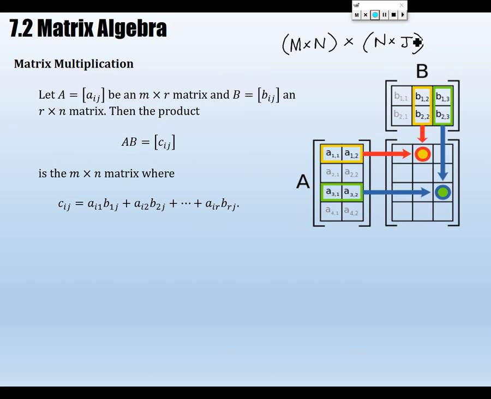I don't know, just make it up. It's defined only when the number of columns in A and the number of rows in B match. And we can also say what the resulting dimensions will be. What will those dimensions be? 4, 3. Yeah, m by j will be the resulting matrix size.